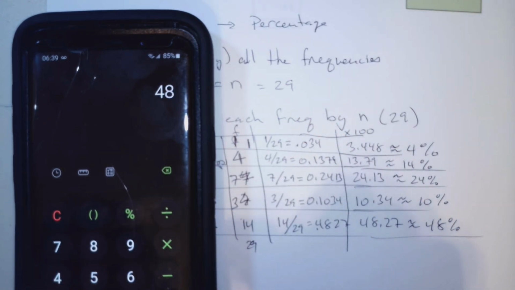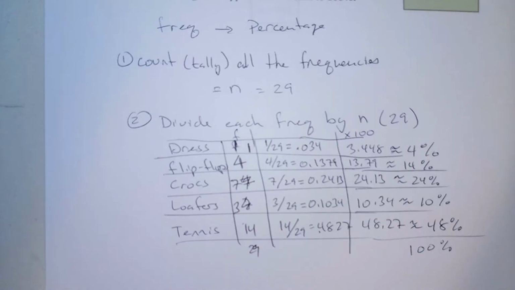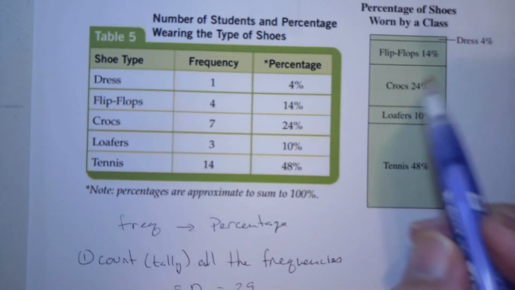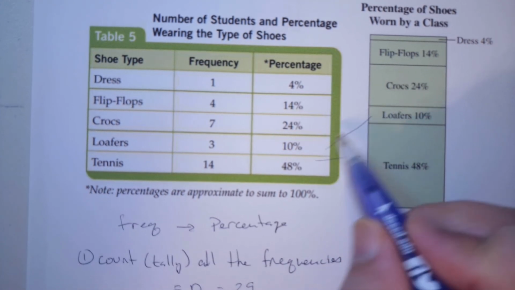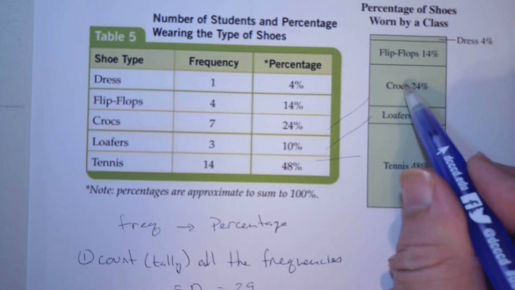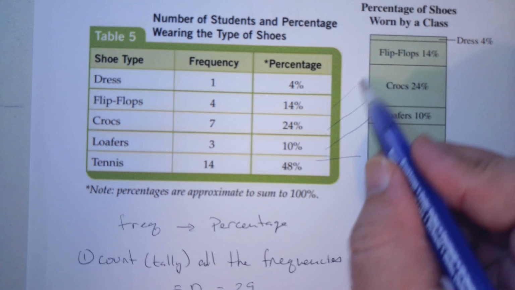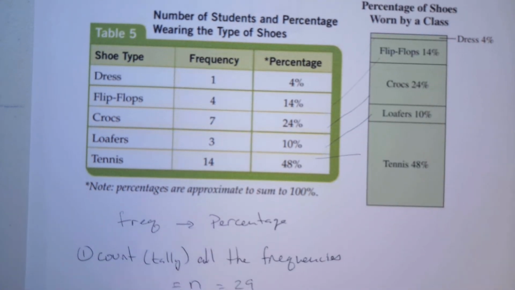So when you add all the percentages, we should come up with 100%. And that's how we stack up these things accordingly. So this is approximately 48%. That's approximately 10%. Twice that much, 14%, and a very small amount is 4%.